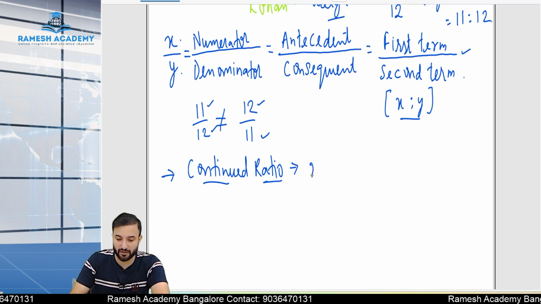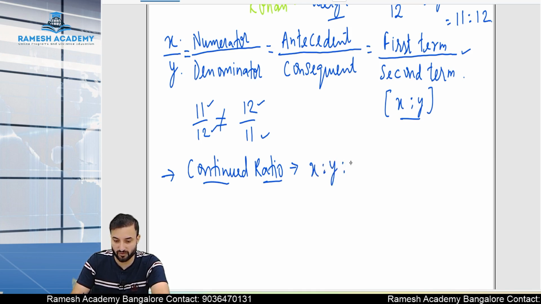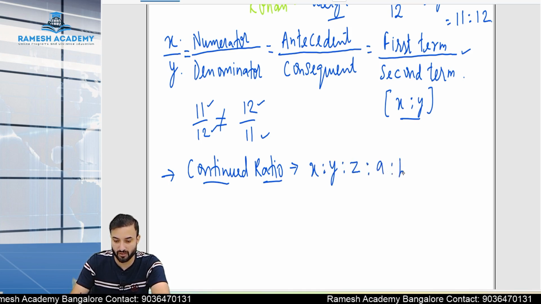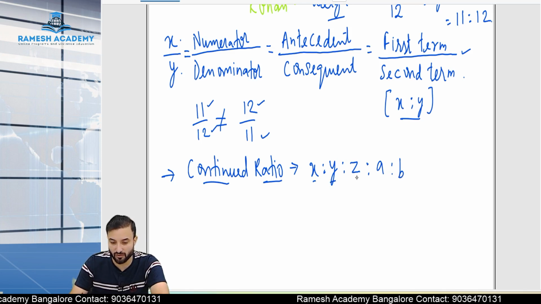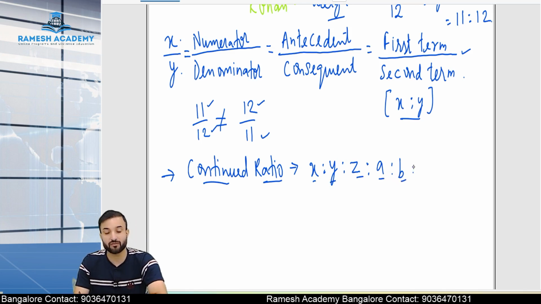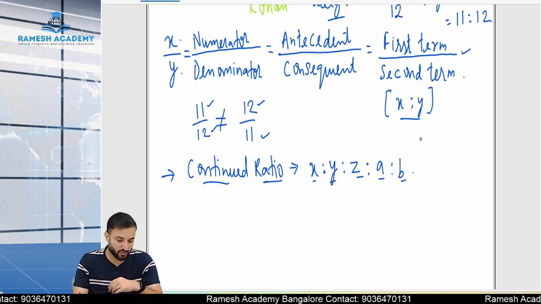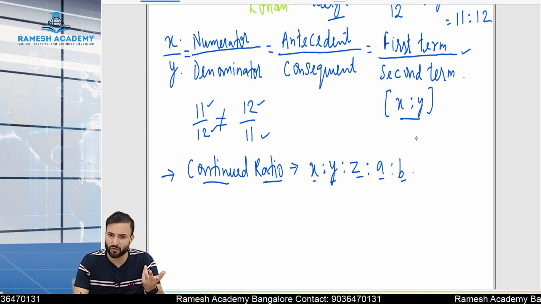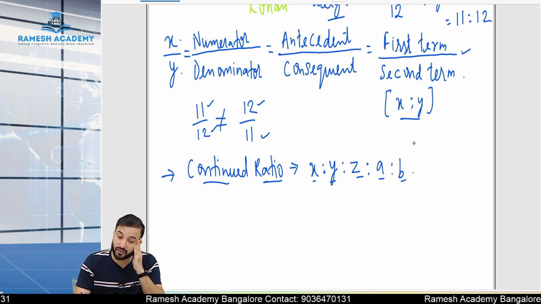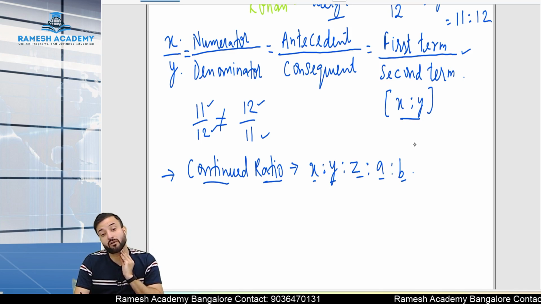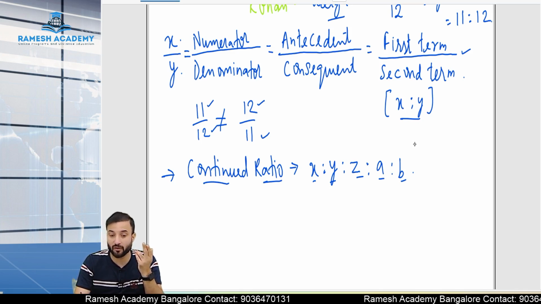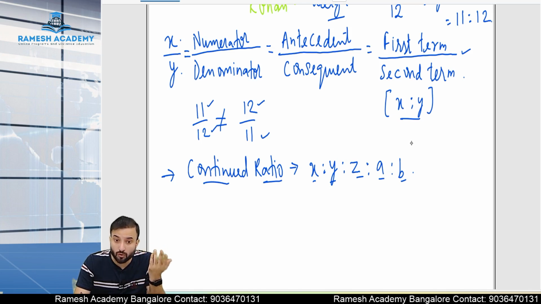Suppose we write x is to y is to z is to a is to b. This ratio is continuing, so that is called a continued ratio. Where you are writing the ratio in a continuation form, comparing two or more quantities.